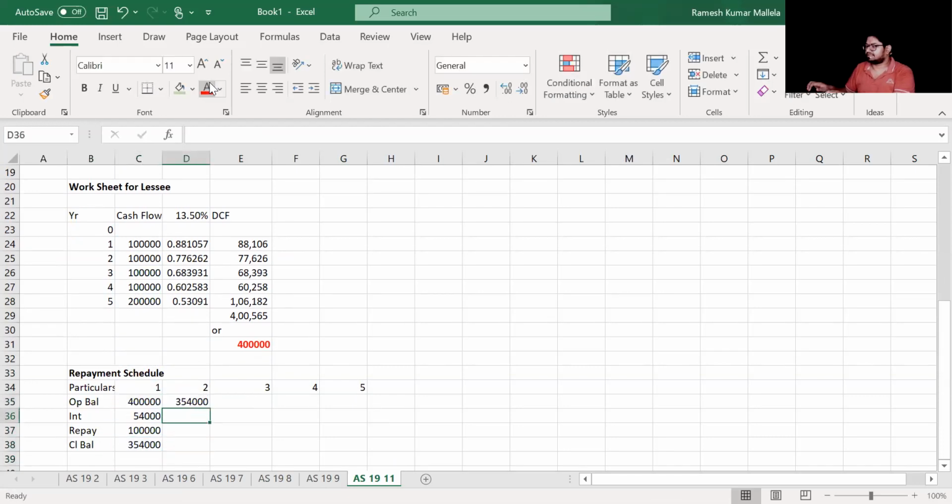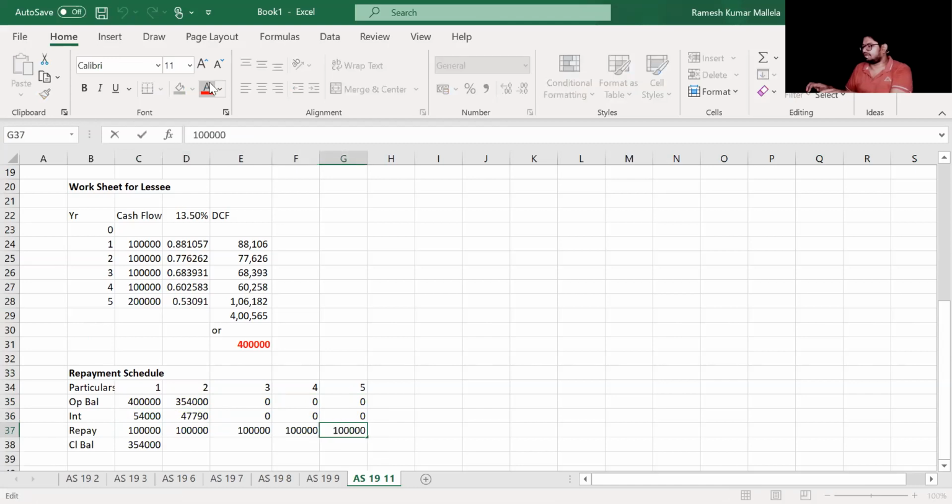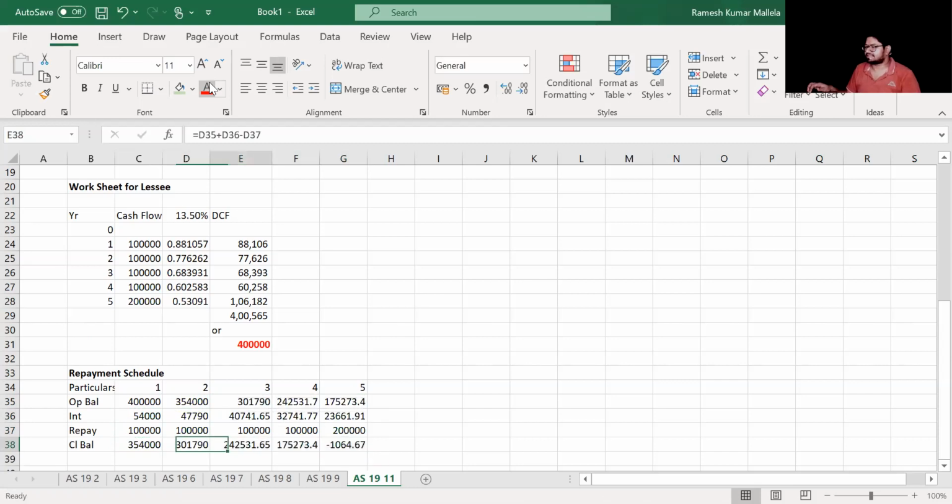Okay. So 1 lakh is the same for all 4 years, but in the 5th year alone, it is 2 lakhs. Okay. Closing balance is going to be this. So 1,000 rupees of difference, I'll adjust it against interest cost.